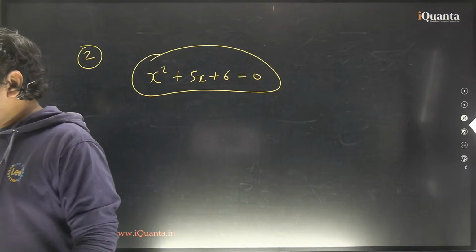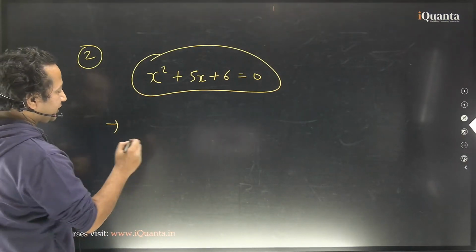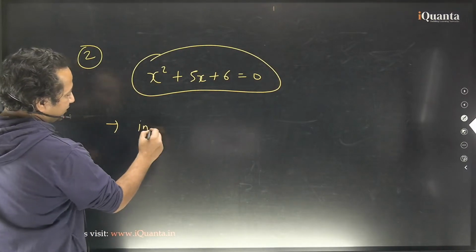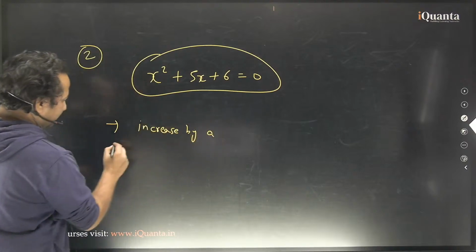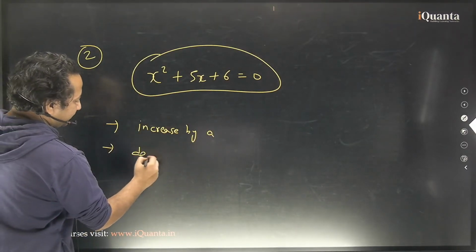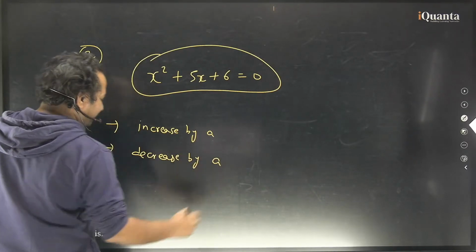Yeah, Rashi. Okay, so I'll tell you. There can be various things. The first is that the roots, these are roots, are increased by a. They can be questions in which you have to decrease the roots by, let's say, a.